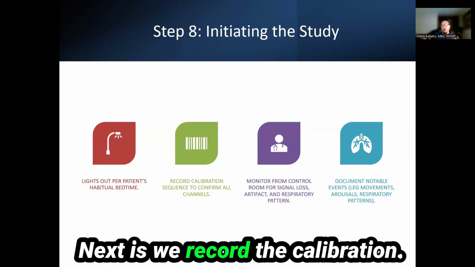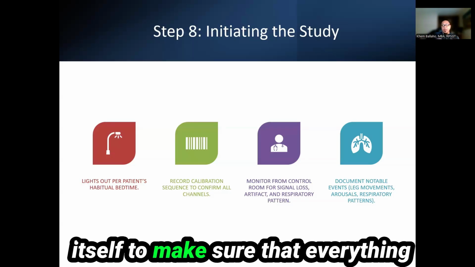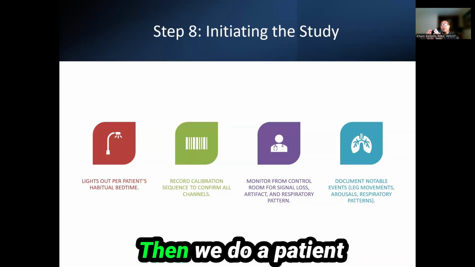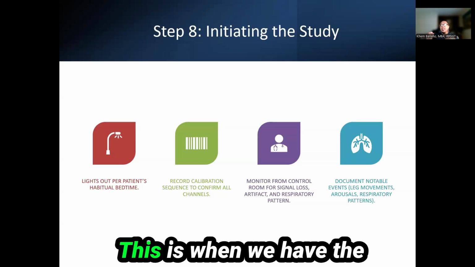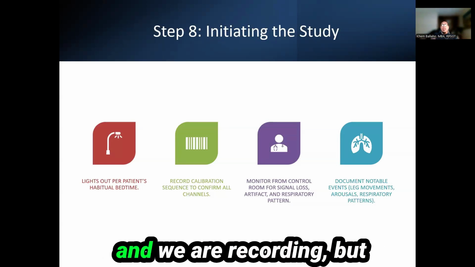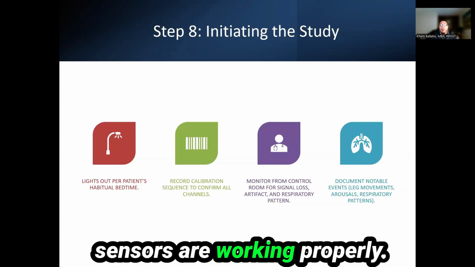Next is we record the calibration. We do calibration with the machine itself to make sure that everything is running and able to record. Then we do a patient calibration or bio calibration. This is when we have the patients already wired. They are laying down in bed and we are recording, but we are checking if all of the sensors are working properly.